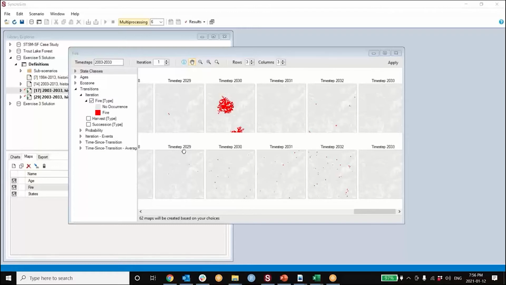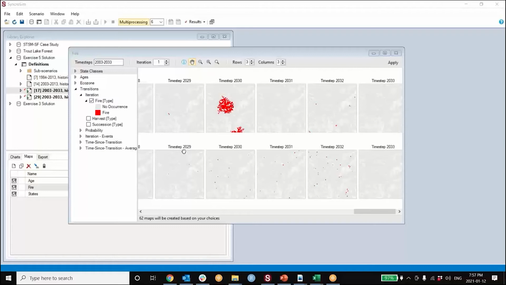The challenge if you use spatial multipliers for future fire is you can't figure out a priori what's going to burn where, which is what you're required to do if you use spatial multipliers. You have to tell it, in this time step, burn this cell, and you can't know ahead of time what the vegetation is going to be on your landscape in your future years, and so you can't set those up ahead of time, right?